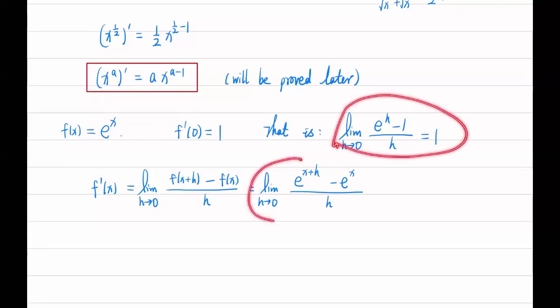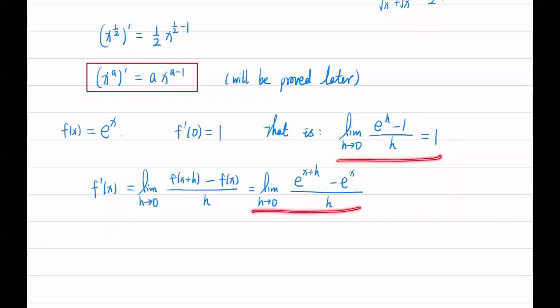How could we find this limit? So Jane, any thought on this one? We compare with this. How could we use this knowledge to find this limit?